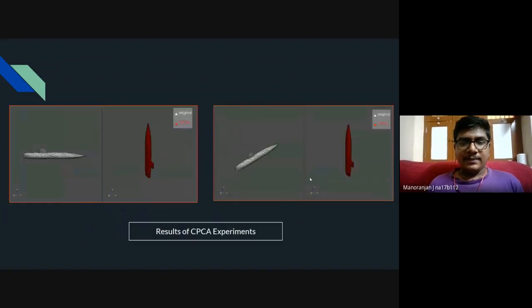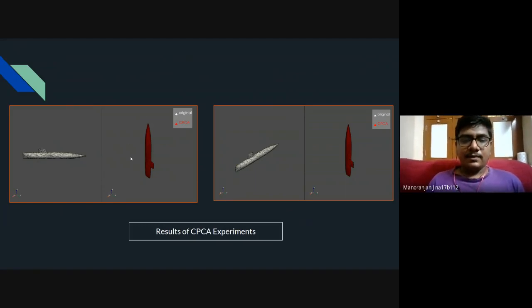The method CPCA that I worked upon converts the object to a prescribed orientation even before computing the harmonic map. Based upon the geometry, it comes to a specific rotation.